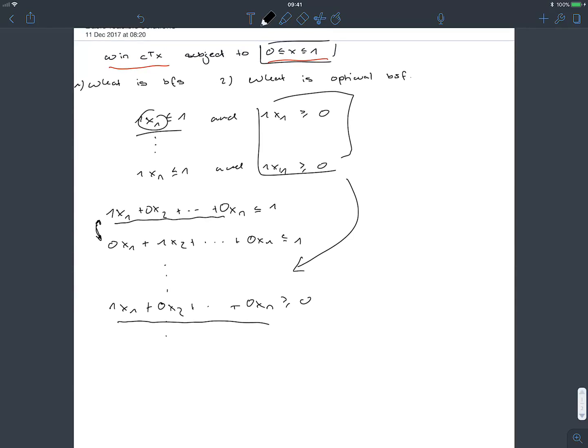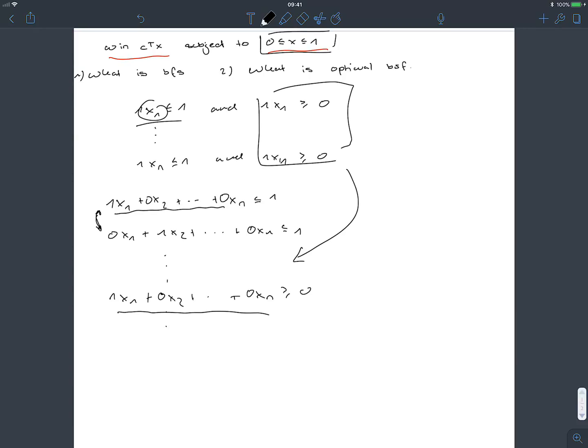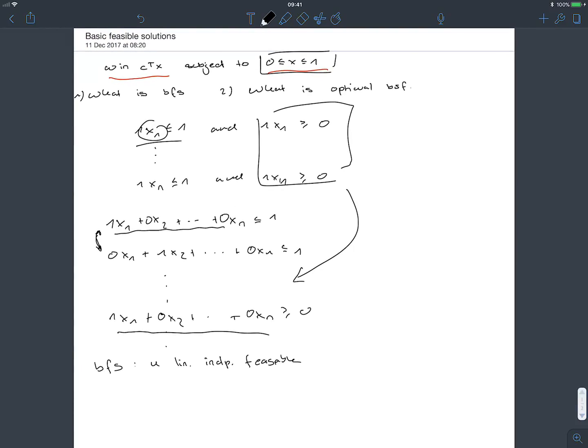to get a basic feasible solution, I write this now as BFS, basic feasible solution, n linearly independent constraints. Feasible solutions are just solutions which satisfy this constraint, right? With, I don't know, 0.5, 0.2, 0.3, 0.7, that really doesn't matter.